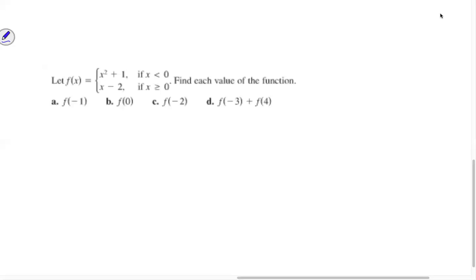So negative 1 would go here because it's less than 0. I'm going to plug it into that one. So f of negative 1 goes into negative 1 squared plus 1. So f of negative 1 is 2. Easy enough this time?